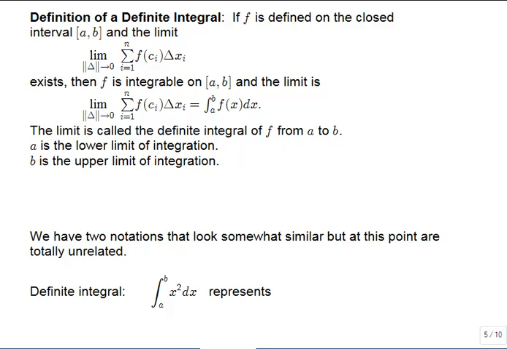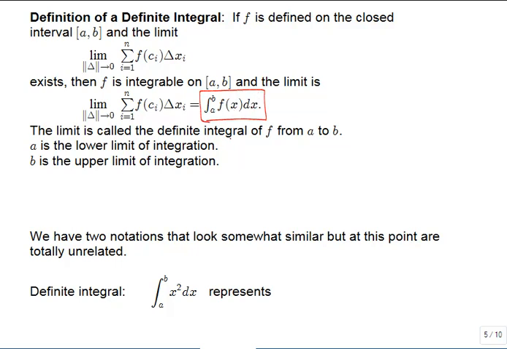So here's the definition. If a function f is defined on the closed interval a to b, and the limit, as the norm goes to 0, of the sum from i = 1 to n of f of c sub i delta x sub i exists, then we say that f is integrable on that interval, and its limit becomes this definite integral, which has as its notation the integral from a to b of f of x dx.